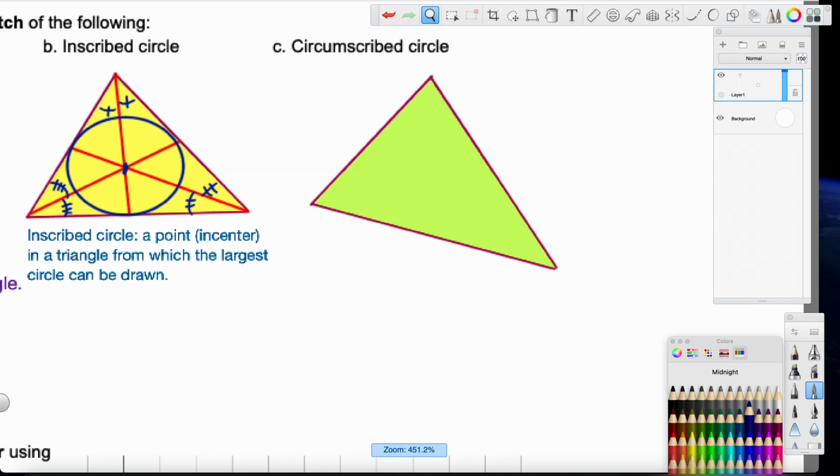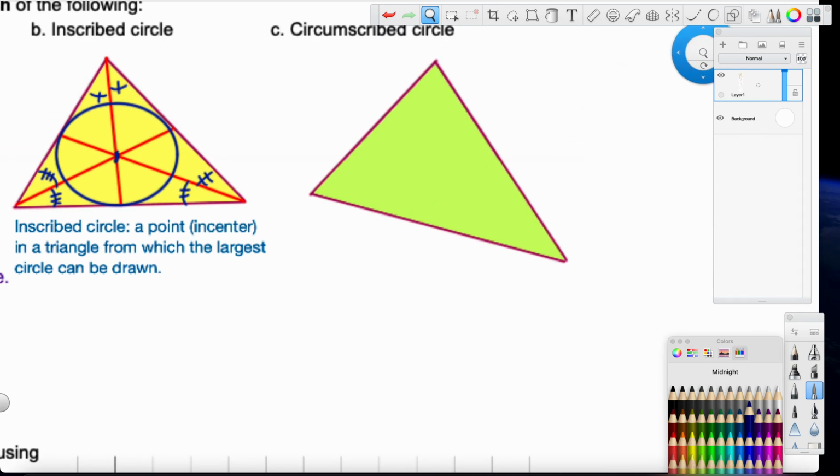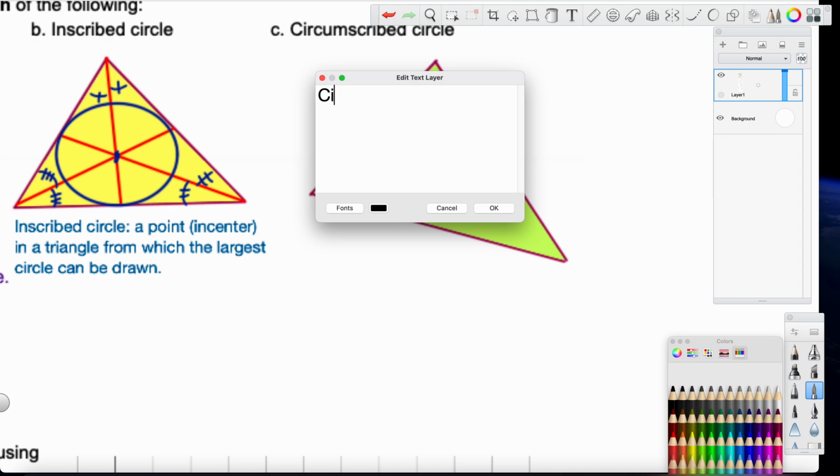Circumscribed circle. Okay, so circum means around.